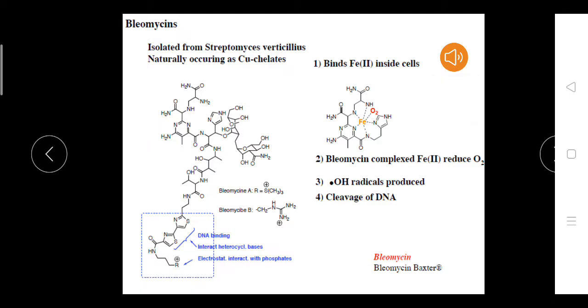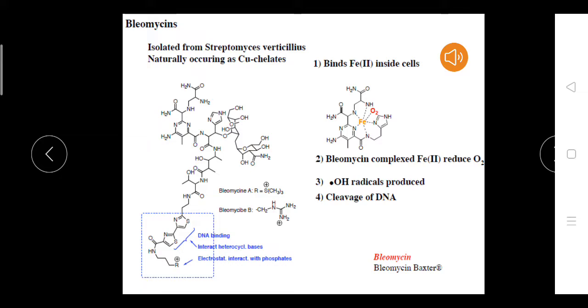Next drug is bleomycin. Antibiotic bleomycin is a glycopeptide complex obtained from Streptomyces verticillus. It is a blue color chelate. Presence of blue color is due to copper present in it. When the copper is removed, it becomes a white solid.